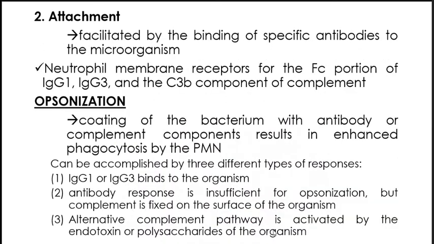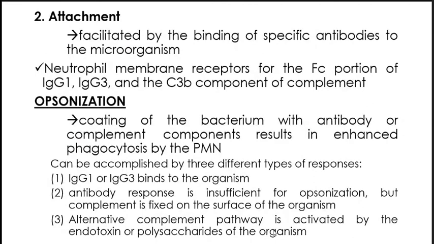As to the attachment, we said earlier, it is facilitated by the binding of specific antibodies to the microorganism, wherein we have the process of opsonization. Ano yung opsonization? This is the coating of the bacterium with antibody or complement component that results in enhanced phagocytosis by the polymorphonuclear cells.